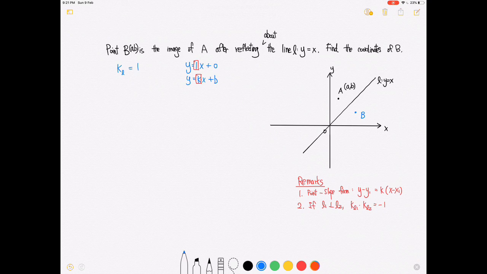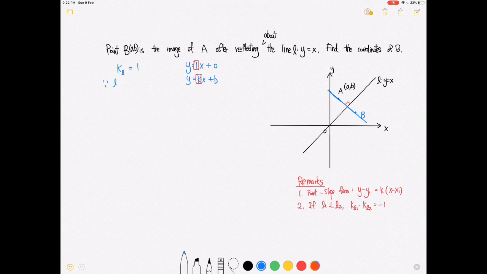Now, I connect point A and point B. Okay, so we know that AB and L are perpendicular, right? So we can find out the slope of AB.